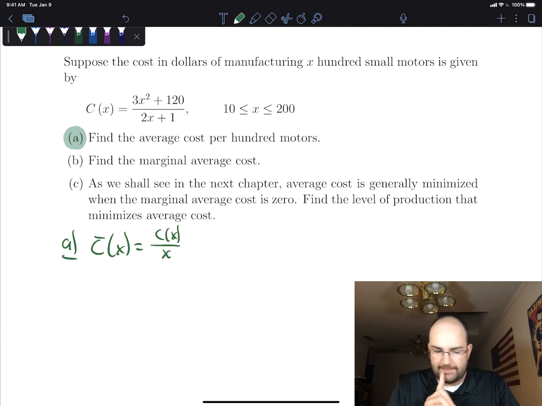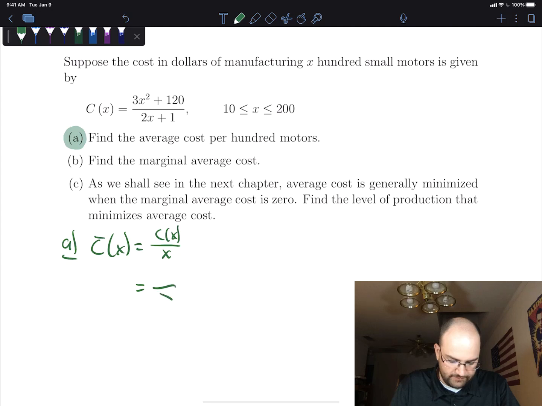But let me rewrite it. I want to bring the C of x to the right-hand side, and so we have 1 over x times C of x. But notice what's happening here. If I brought the C of x out of the numerator, there is something left in the numerator, but it's just the number 1.